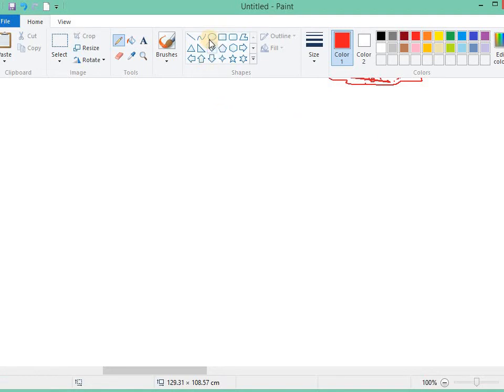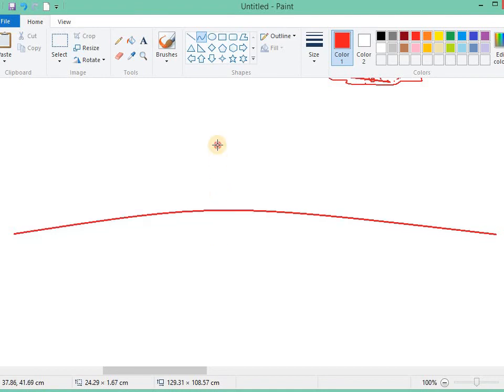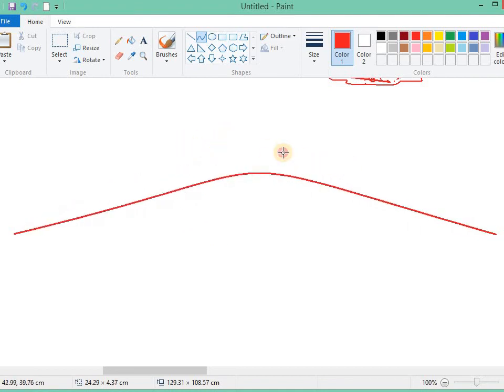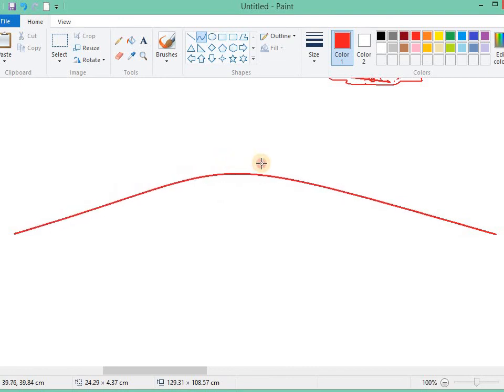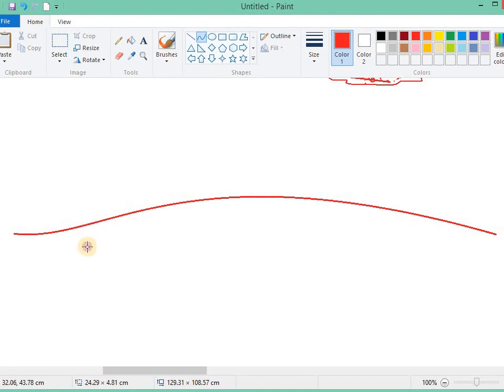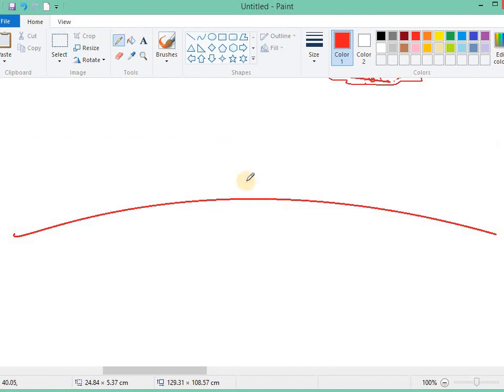We know that the earth is curved, right? Our earth is curved.